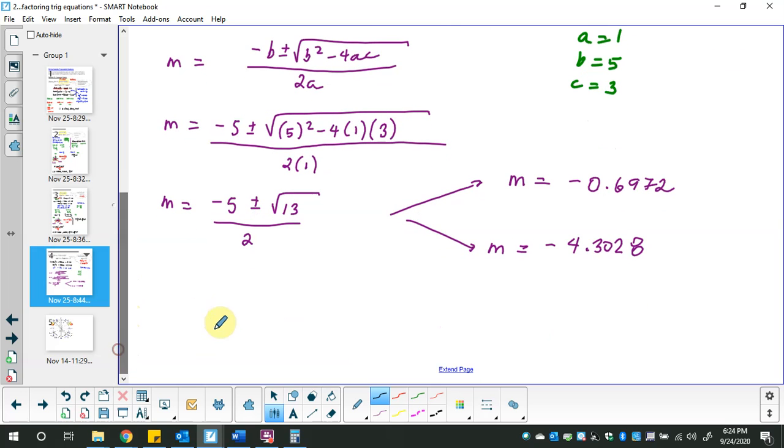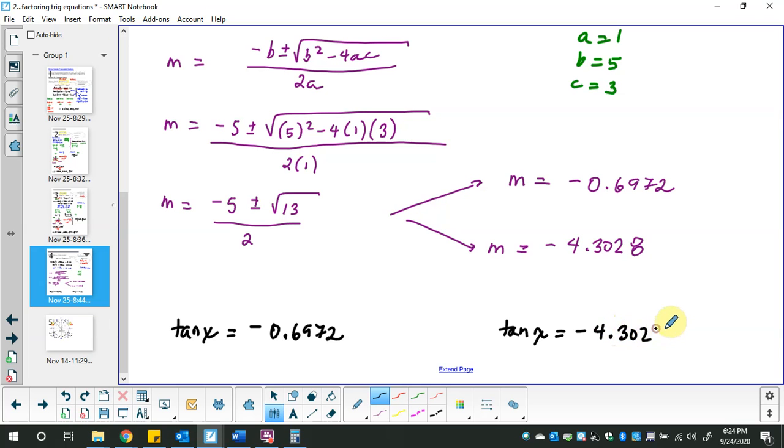So I have 2 questions. I have tan x is equal to negative 0.6972. And tan x is equal to negative 4.3028.